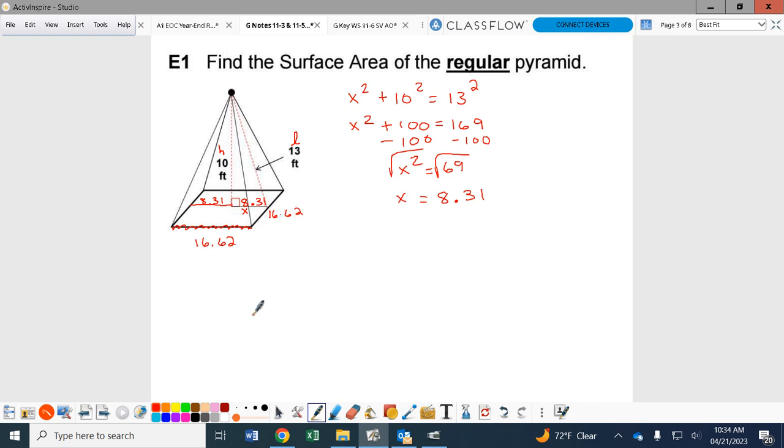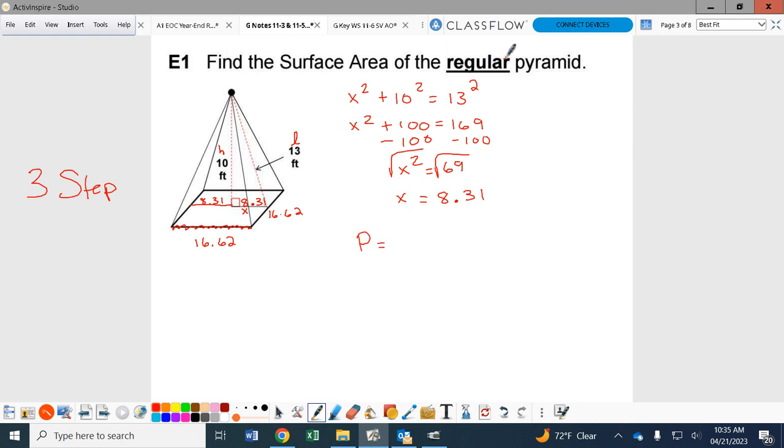Right. Now, when you find the surface area of a pyramid, it is a 3-step process. 3 steps, guys. In order to do it, you're going to need the perimeter, you're going to need the area, and then you're going to find the surface area. So, guys, in order to do this problem, we're going to be doing perimeter first.